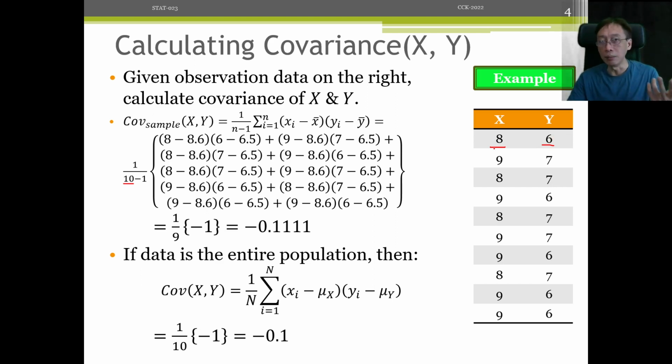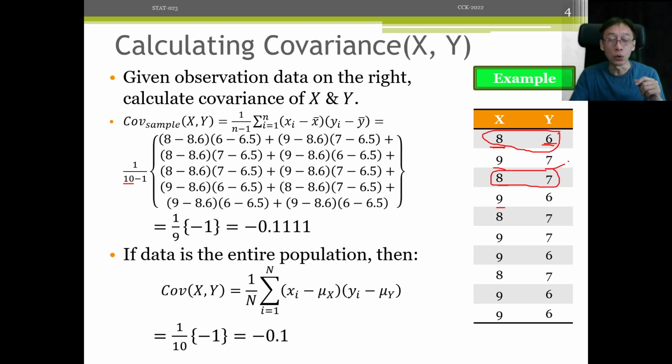I'm just giving some random numbers here, but also carefully crafted to make sure that it shows up certain illustrative features. So for example, the numbers 8 and 9 are repeated, but they are paired with different y values. So 8, 6 is not the same as 8, 7.